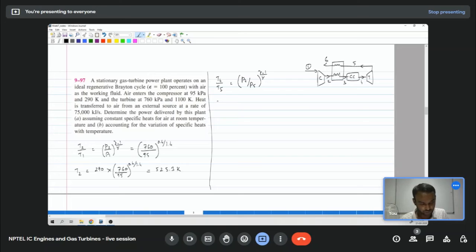So here T4 is 1100 Kelvin, and T5 is 1100 divided by 760 by 95 whole power 0.4 by 1.4. So this is 607.25 Kelvin.